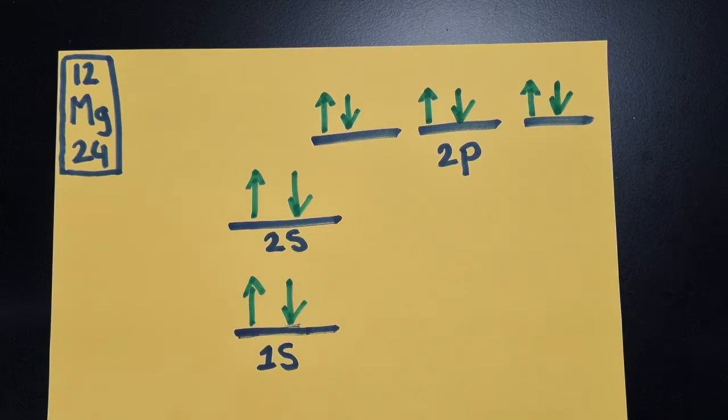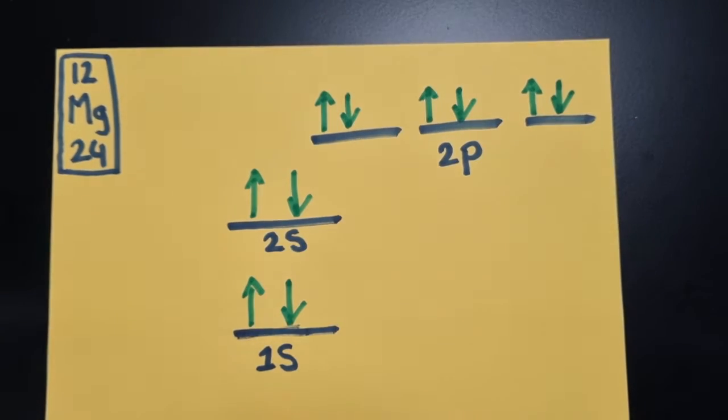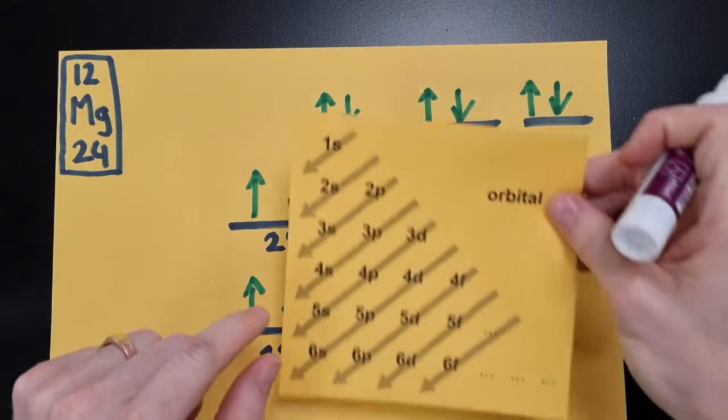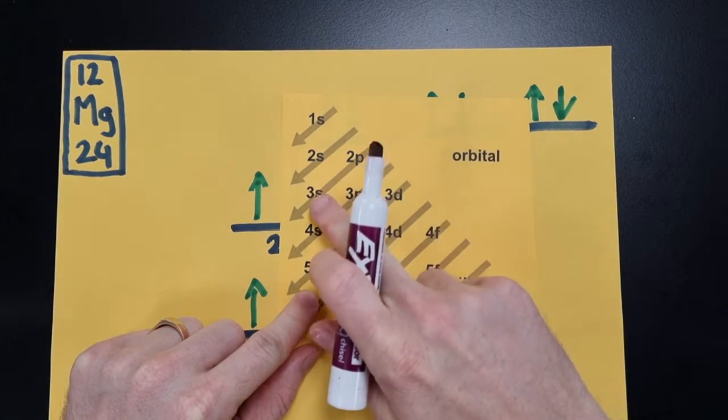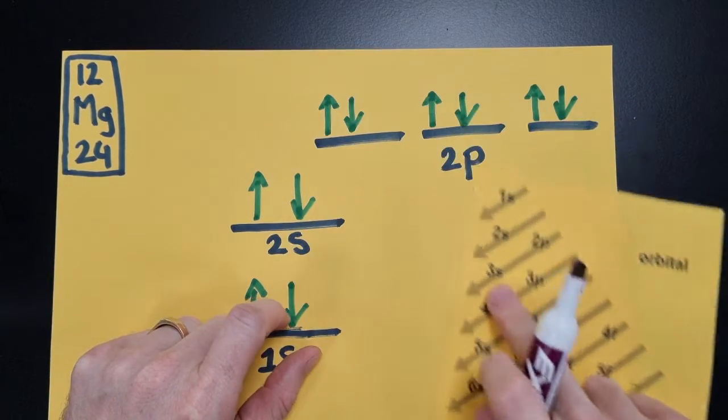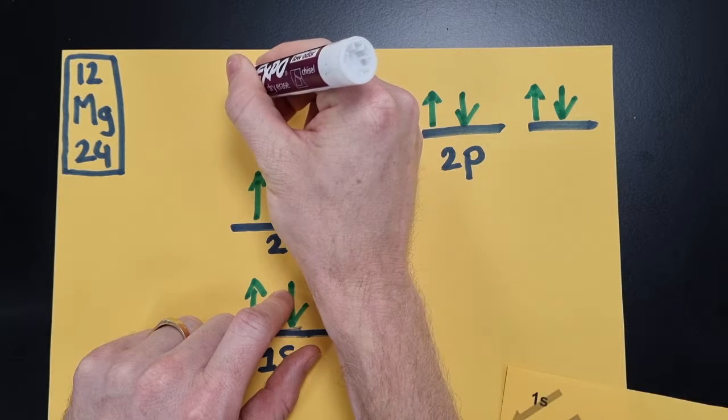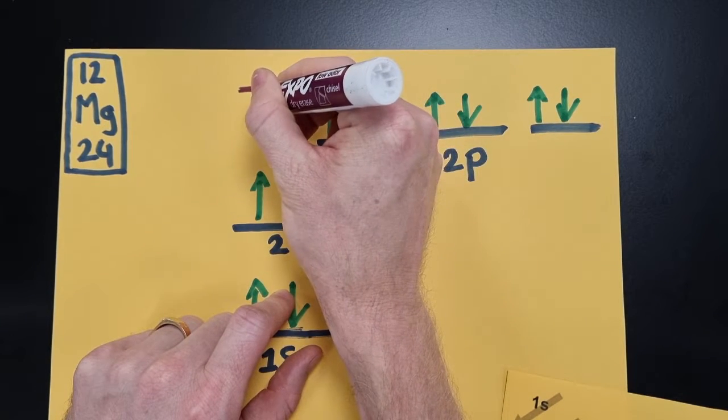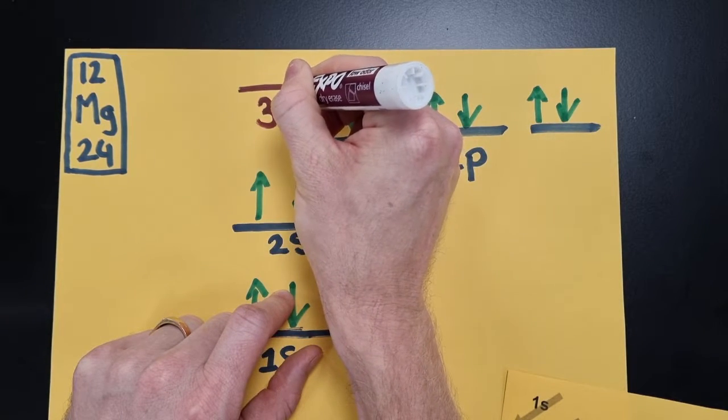At this point, I actually have an extra level, which means I do need to progress up. Once again, we look at this chart and we know that the next one up is 3s, which means I need to put in a spot for 3s.